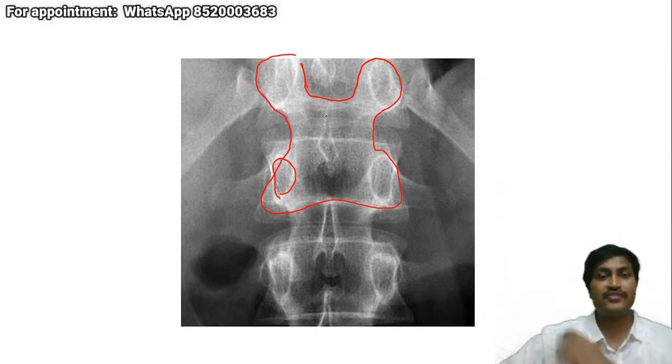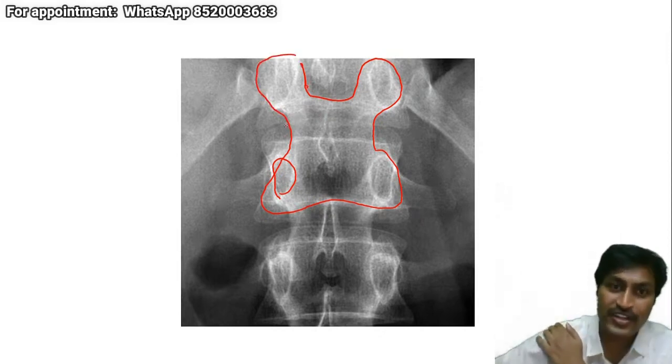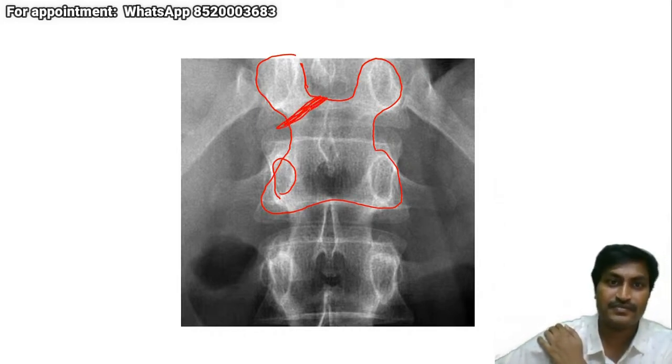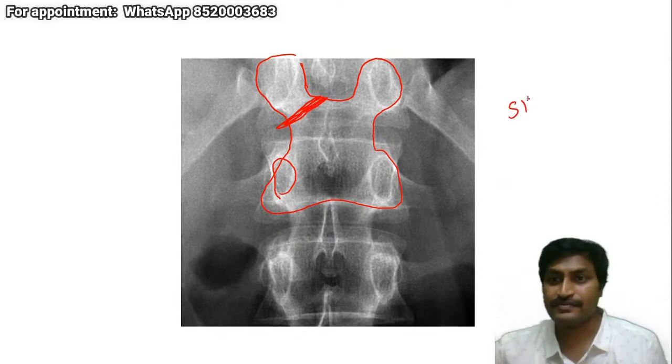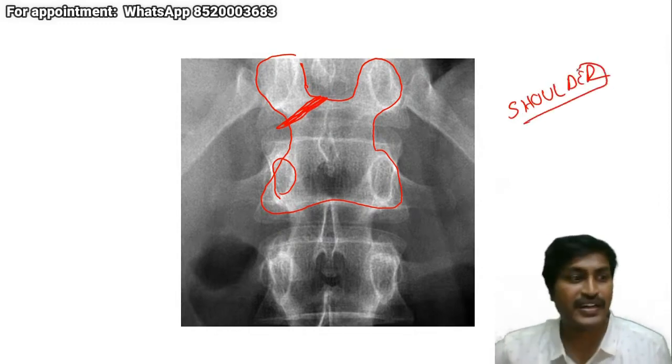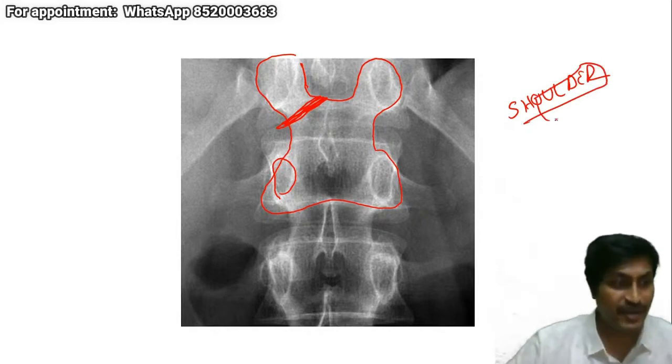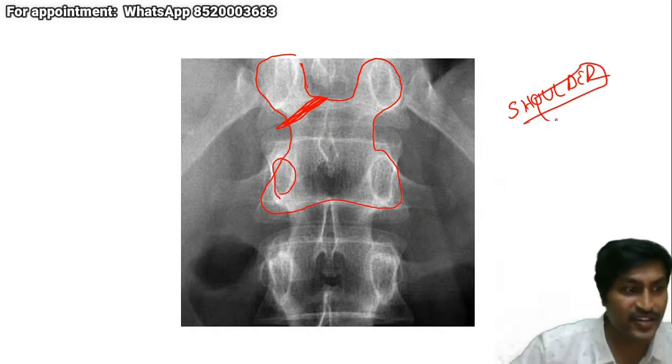Once you have drawn this butterfly, the shoulder of the butterfly is the pars interarticularis. So am I clear what is the difference between pars interarticularis and pedicle?